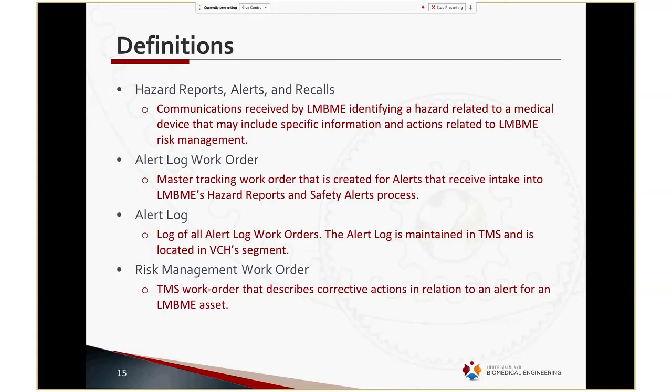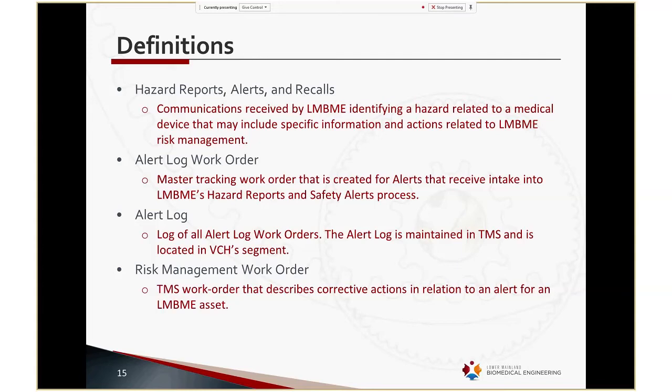If an alert enters our process, it could or could not actually affect one of our devices. The alert log work order opens up a work order for anything, so it doesn't have to be an actual TMS asset, and it's where we track all of the activity and history surrounding that alert.